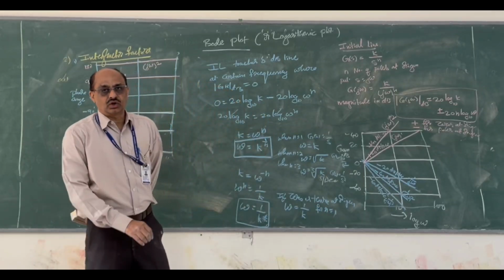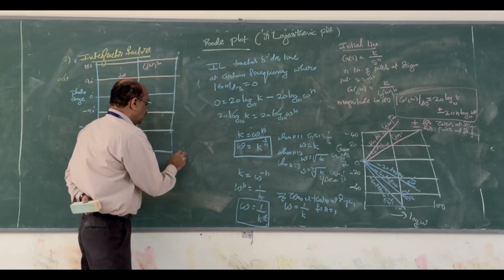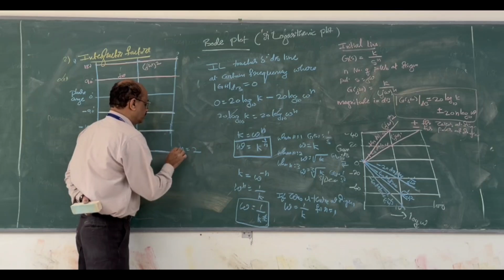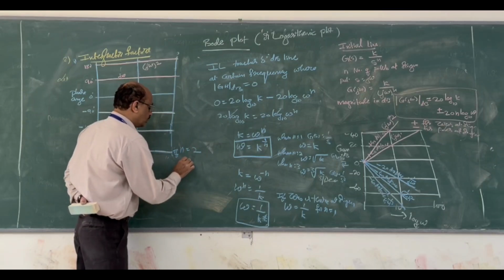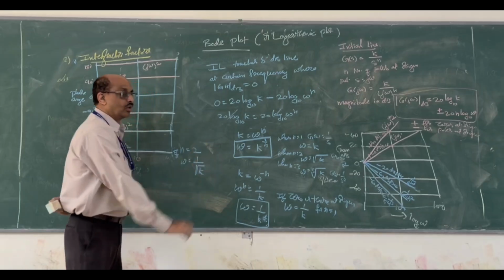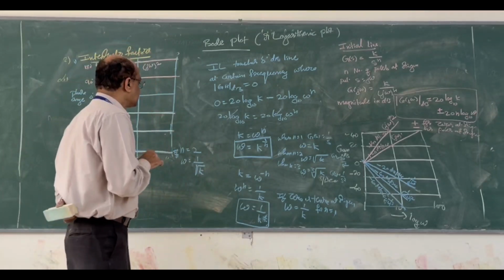So one 0 at origin, then 1 by k. If n equal to 2, omega is equal to 1 by root k.